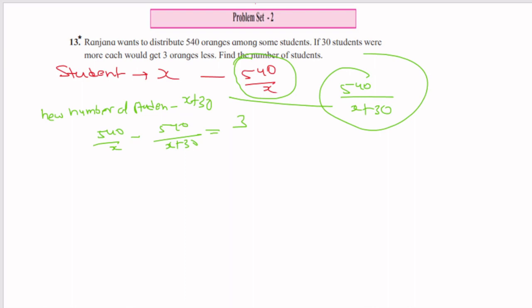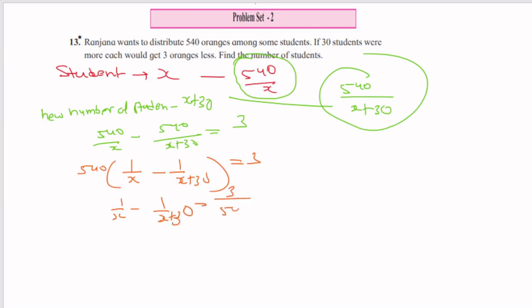Right, now we have to solve this. Okay, solving this is very easy. Let's take 540 common. In bracket it will be 1 upon x minus 1 upon x plus 30 equal to 3, right? So now we can write 1 upon x minus 1 upon x plus 30, and you can take 540 to the right hand side, 3 upon 540. You can reduce this. How? 1 upon 180.